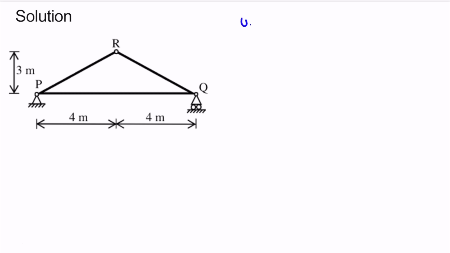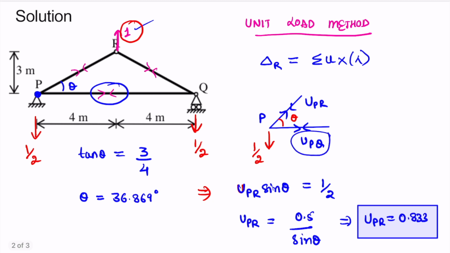So UPQ we can find out by satisfying the horizontal equilibrium, that is force in horizontal direction to be 0. Therefore from that we get UPQ plus UPR cos theta equal to 0.